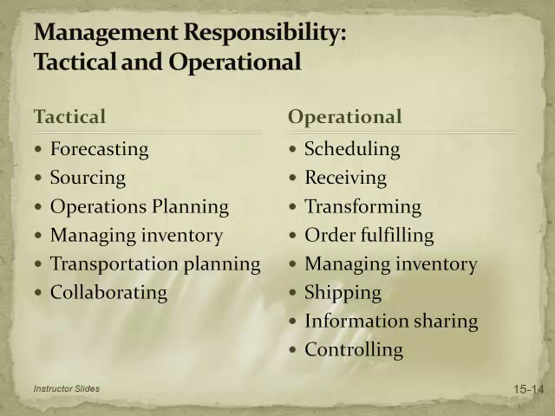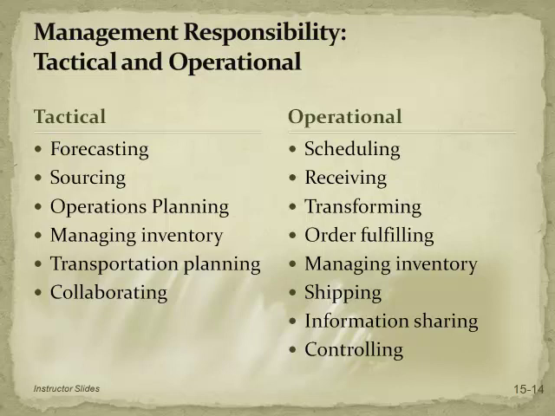From a tactical point of view, forecasting is very critical at all levels of the supply chain, as well as sourcing and operations management. Then there is transportation planning, being able to get materials from one location to another in the most efficient and cost-effective way. And collaborating, which is the process of sharing information across supply chain partners.